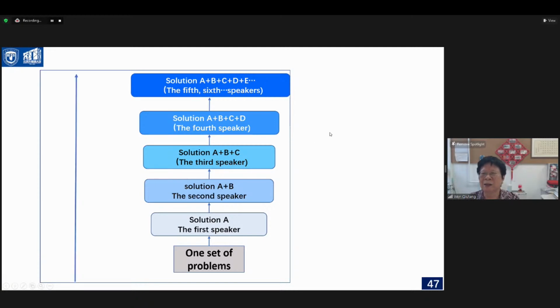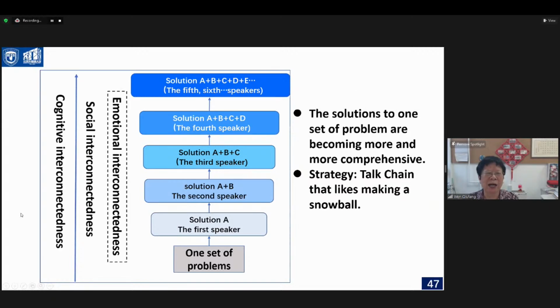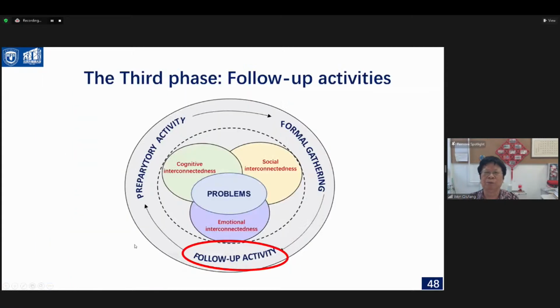So you may see that the solution to one set of problems becomes more and more comprehensive without any repetition, so we can save time. We call this strategy a talk chain, like making a snowball. In this way, the answer will be more and more comprehensive. At the same time, this interconnectedness will be strengthened.